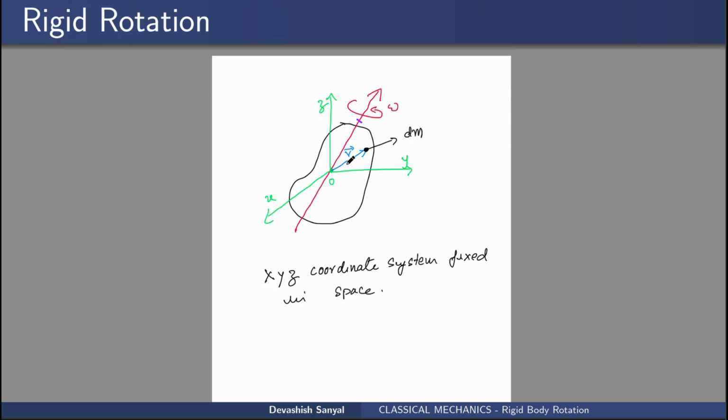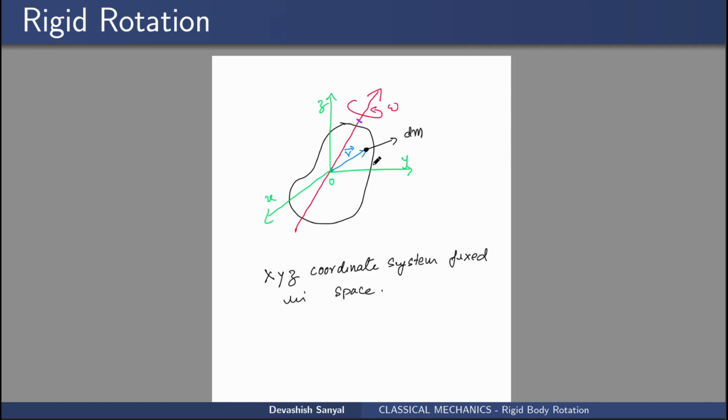It passes through a point O, which we refer to as the origin. This is the xyz coordinate system fixed in space, and this is the body that is rotating in space about, say, some axis omega.